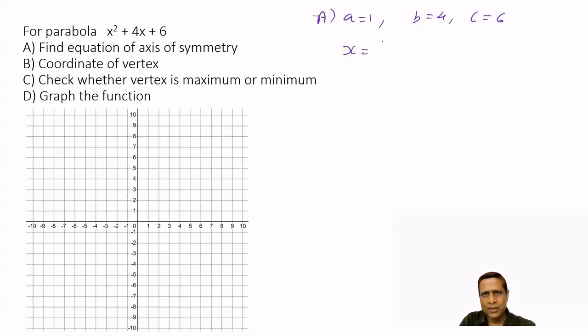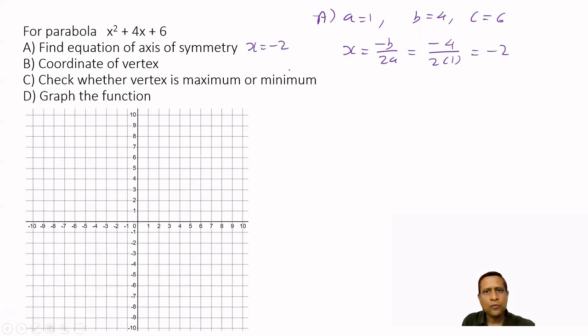Now, the axis of symmetry. The equation of the axis of symmetry is given by x is equal to negative b over 2a. So in this case, negative 4 over 2 times 1, or negative 2. So x equal to negative 2 is the axis of symmetry. Right? So the equation of the axis of symmetry is x equal to negative 2.